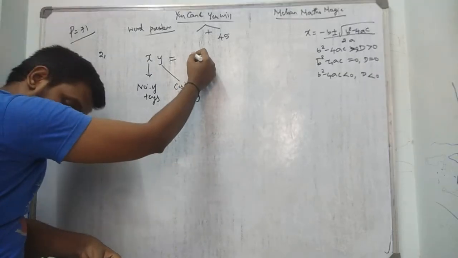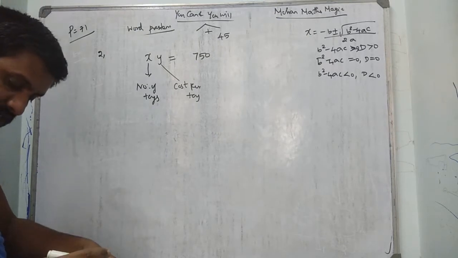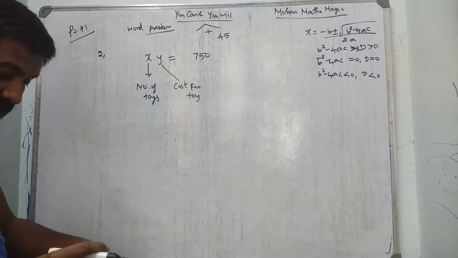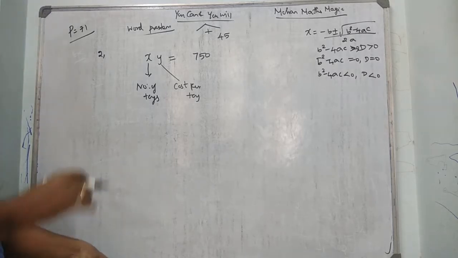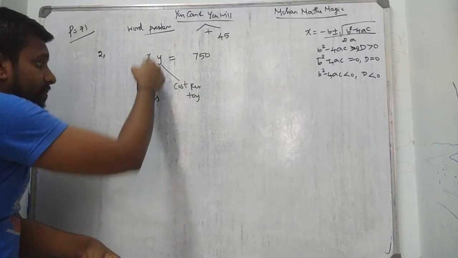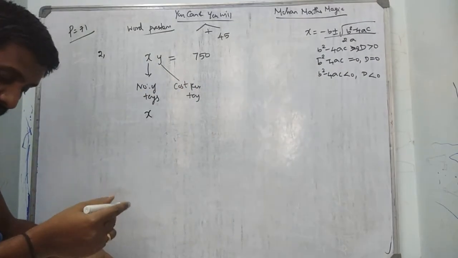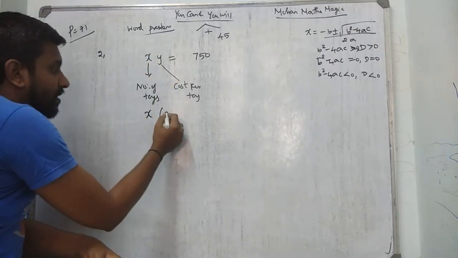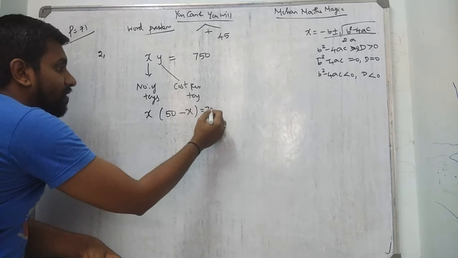How much they are having? 750 rupees totally. So what they given is the cost of the production was found to be 55 minus the number of toys. Cost of the toy was 50 minus the number of toys. So what are they saying? 50 minus number of toys equal to how much? 750.